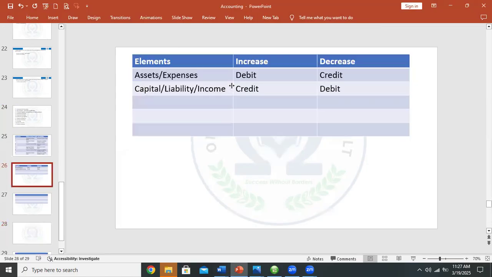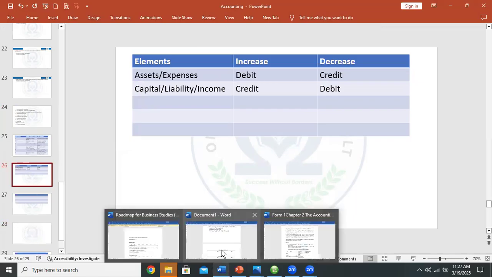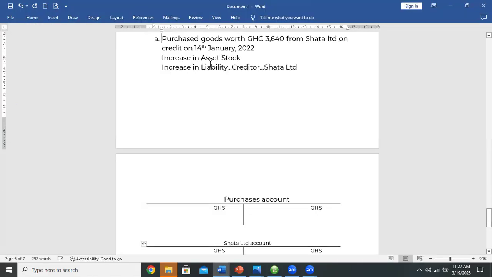So when assets increase, what do we do? We debit. So in this example, our stock is increasing, asset is increasing, so we have to debit.